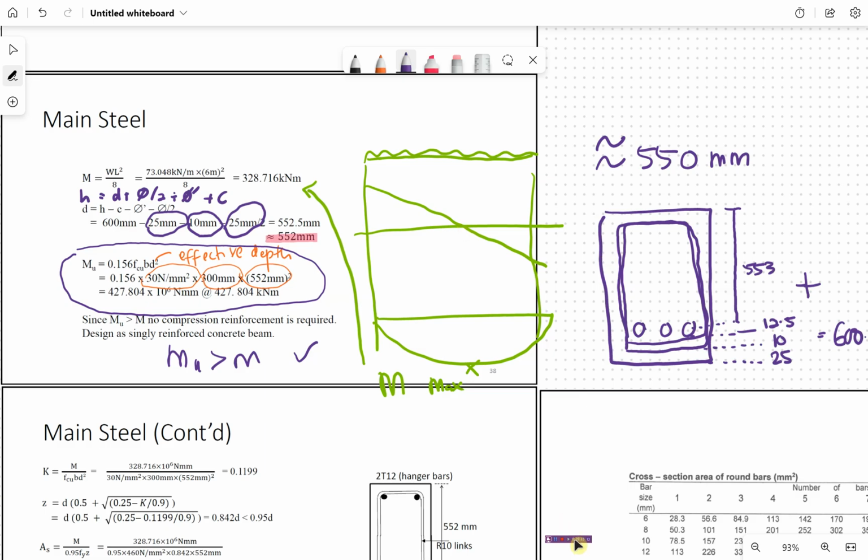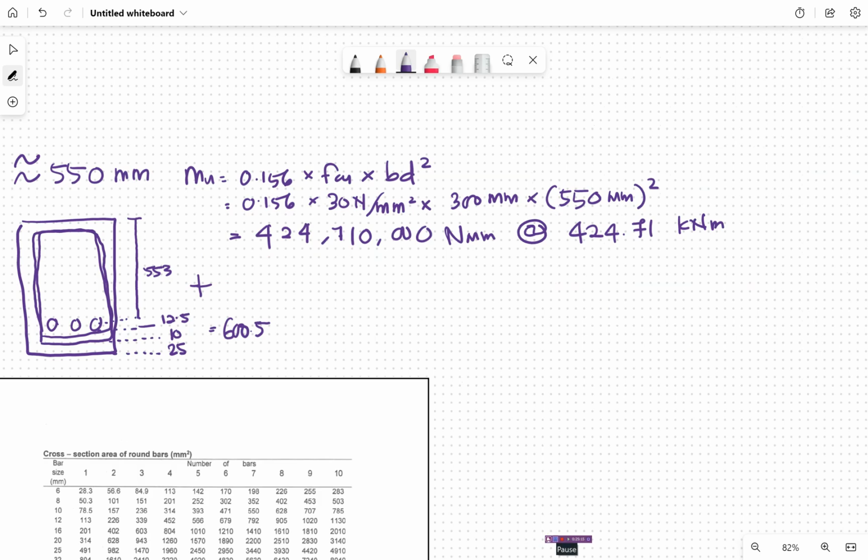Okay, let me calculate. This one I bagi contoh sebab I cakap tadi kita boleh round down to 550 mm. So here, I dah kira lah. I pakai the D is 550. And you akan dapat, bila you kira, you akan dapat 424,710,000 Newton millimeter. Tapi bila kita nak compare dengan value of M, since M kita dalam kilonewton meter dan kita convert lah.